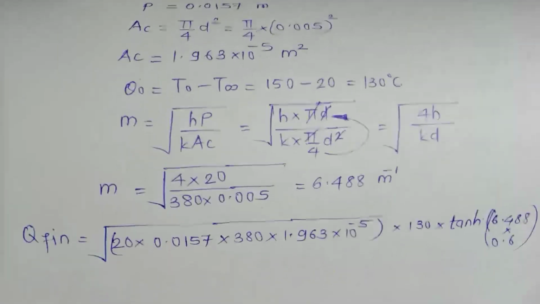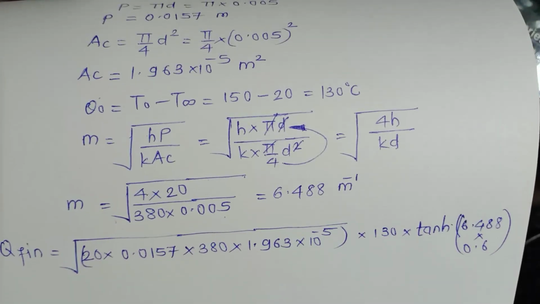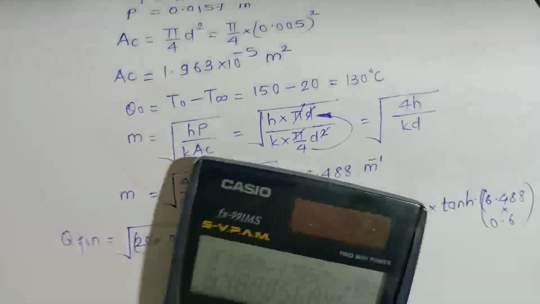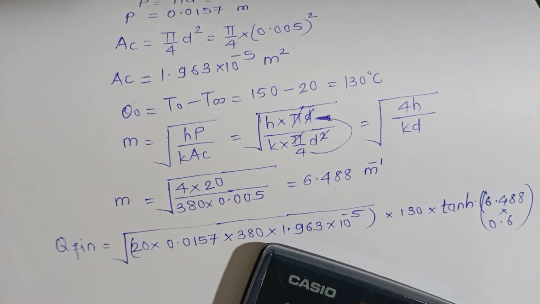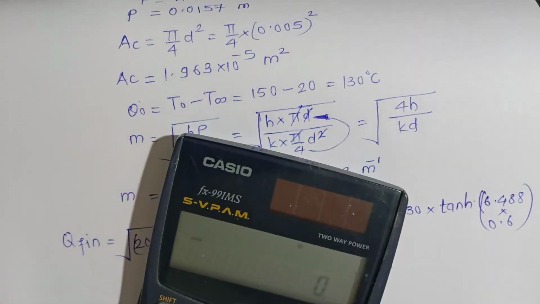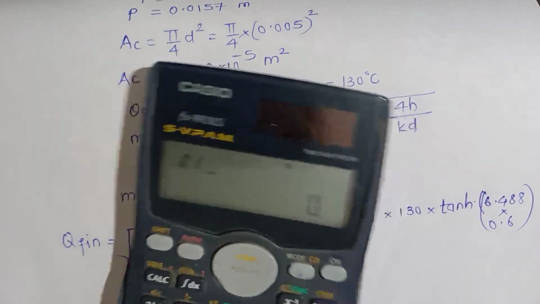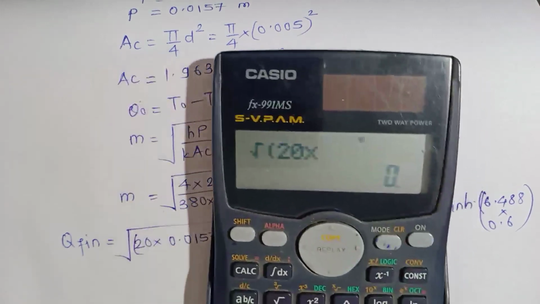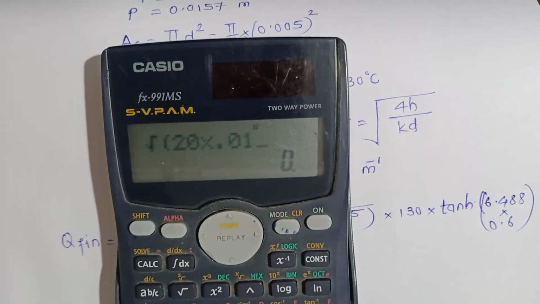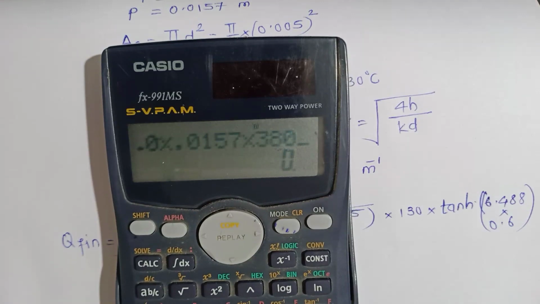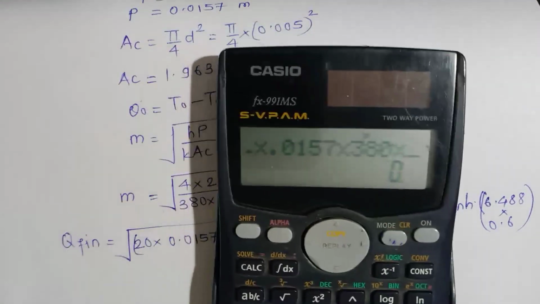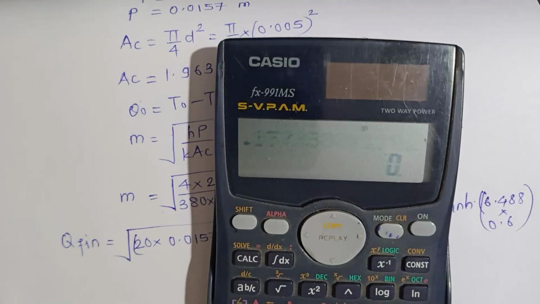So let us proceed. I will put this entire equation in the calculator once again. So it will be root of h into P, 0.0157, K, AC, 1.963 into 10 raised to minus 5.